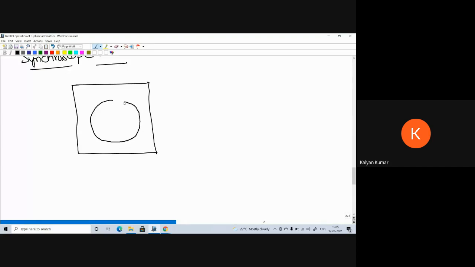So this instrument will have a dial face. Over this dial face, a pointer will be attached, and this pointer can move either in clockwise direction or anti-clockwise direction.